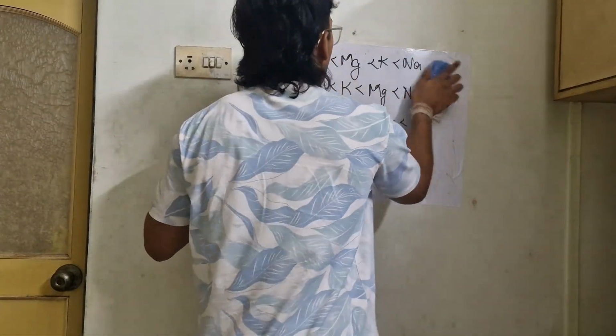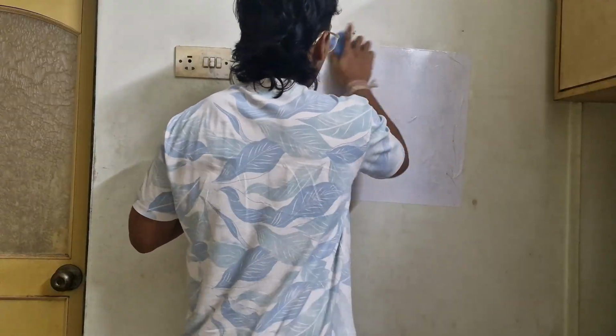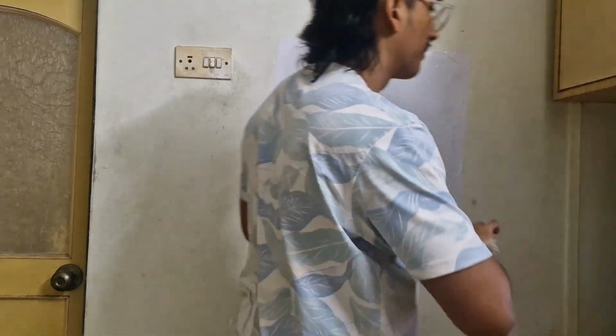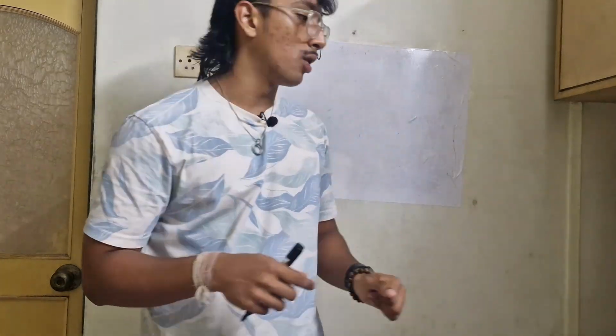Okay, now let's arrange certain elements in the order of their increasing electronegativity. So for electronegativity, I would want us to arrange nitrogen, oxygen, fluorine and chlorine, okay?